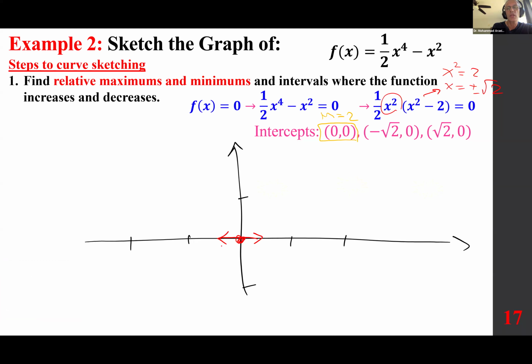We have square root of 2, by the way, is almost 1.41, so roughly here, and negative roughly here. And this tells me the end behavior looks like x squared.